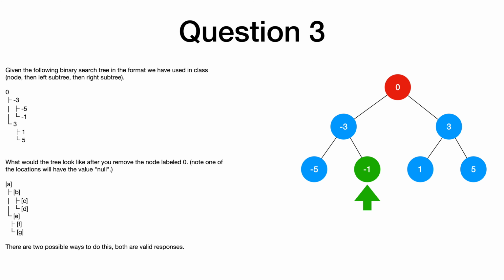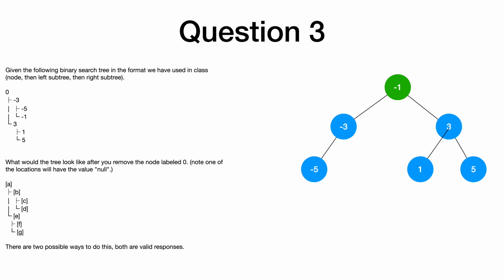In the book, they say go to the left child and choose the maximum value. It's the same idea, right? You're still trying to find the middle point. In this case, it would be negative 1. So you remove negative 1, you replace the root, and you end up with this tree.